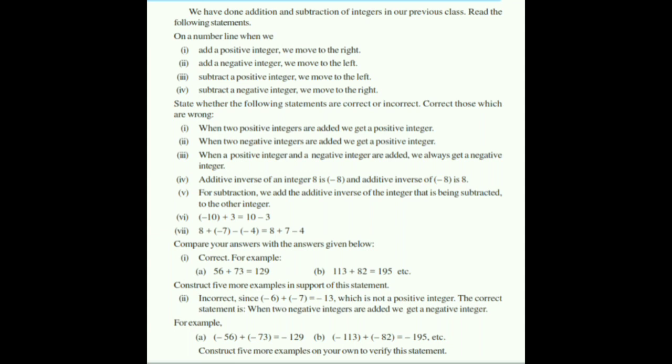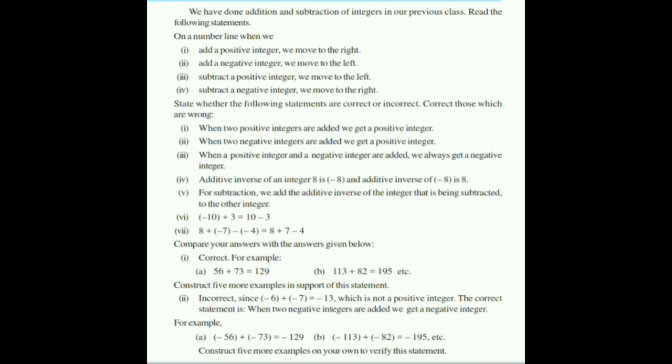The next one is, when two negative integers are added, we get a positive integer. Now, children, over here, let us understand this by taking one example. Suppose -7 plus -5.